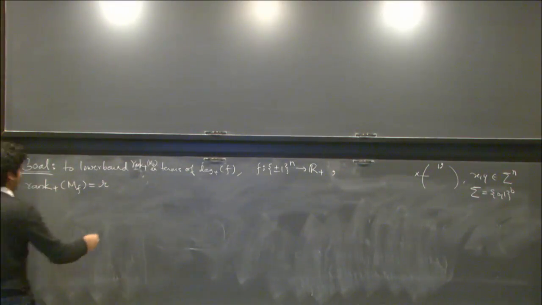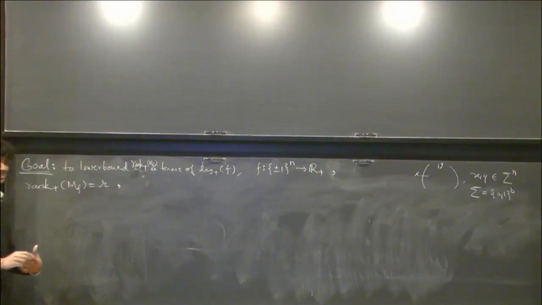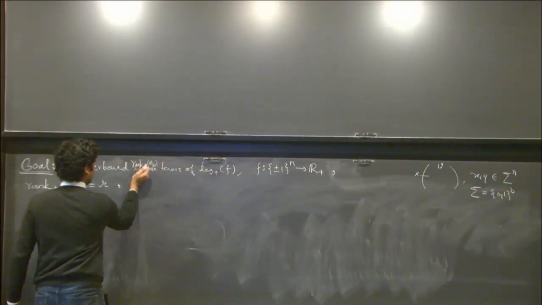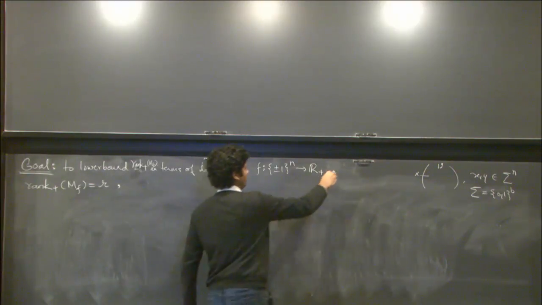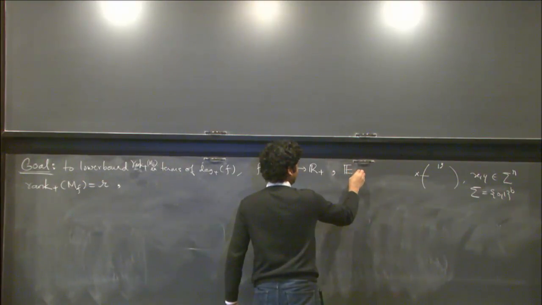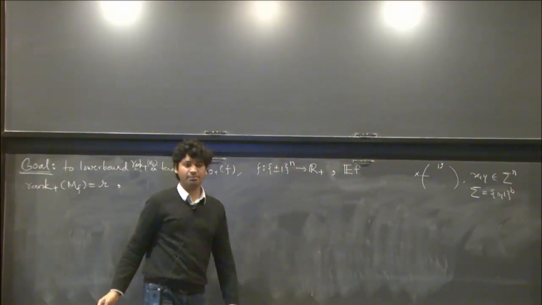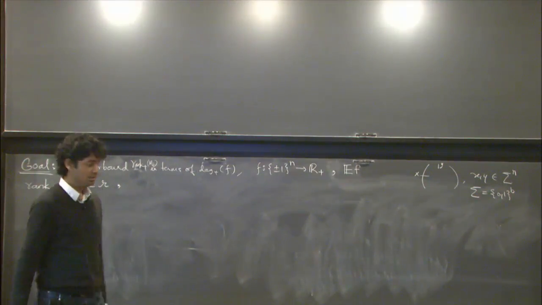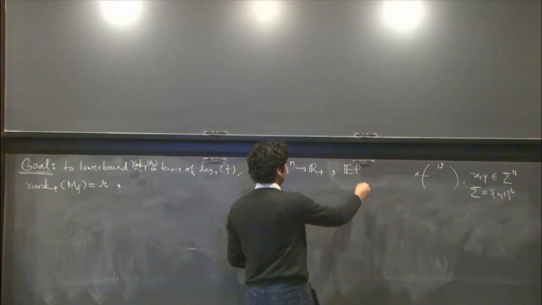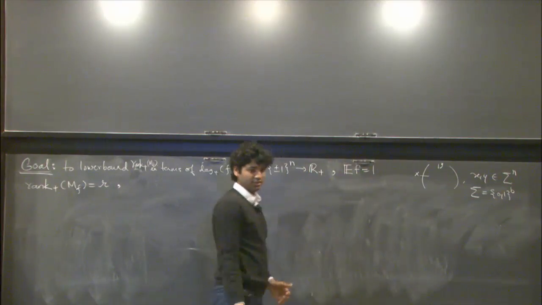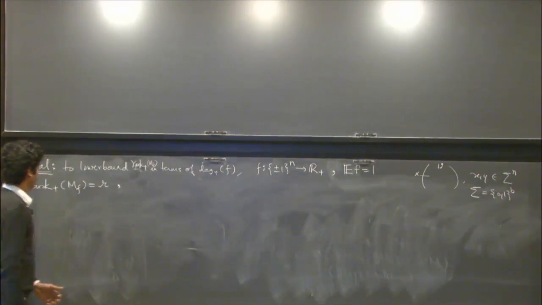Okay. Let me make some nice normalizations to aid calculations. When I write expectations and don't say anything about the distribution, it means the distribution is uniform over the domain. So I'm going to normalize this to have expectation 1. In other words, I make it a density.